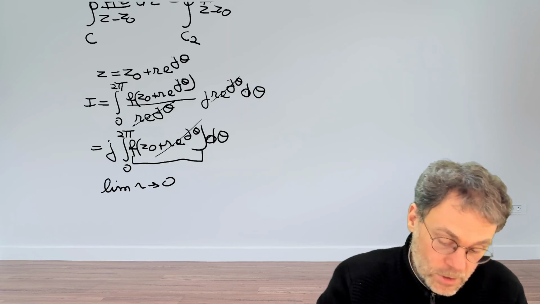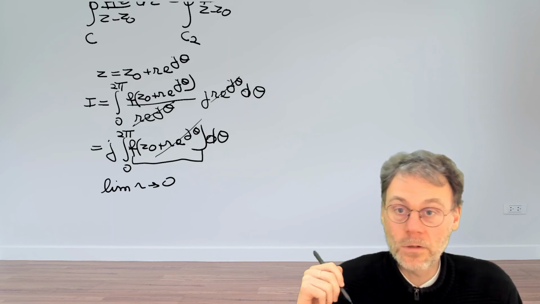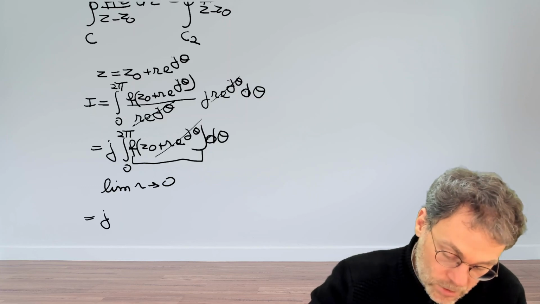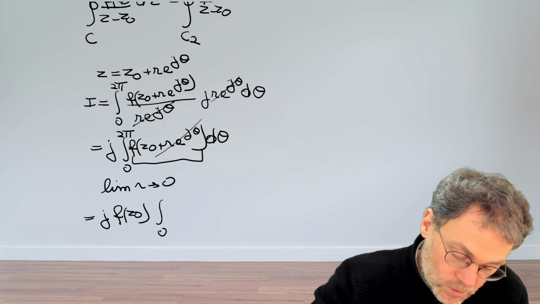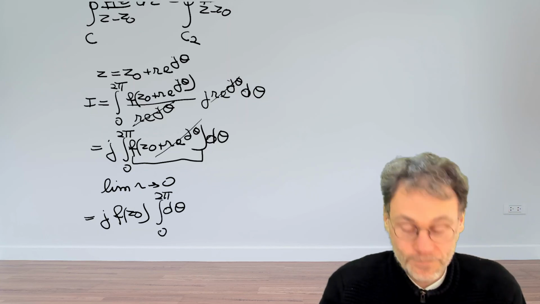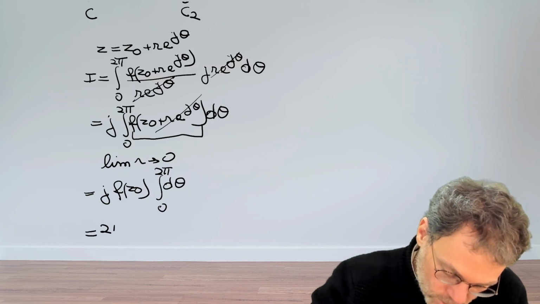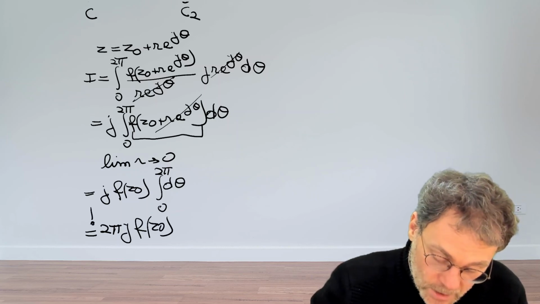So the integrand becomes a constant. It no longer depends on theta in the limit of r going towards 0. And therefore, we can just move it outside of the integral. So we just have j f of z0 times the integral from 0 to 2 pi of d theta, which is a fiendishly difficult integral. So that's just j 2 pi f of z0, which is indeed what we were after.